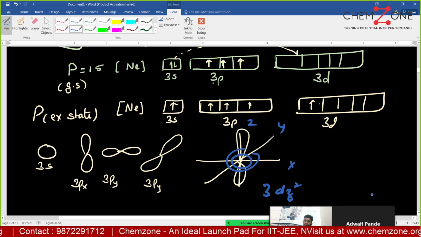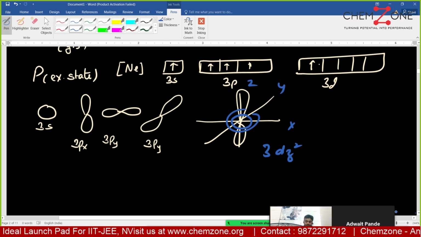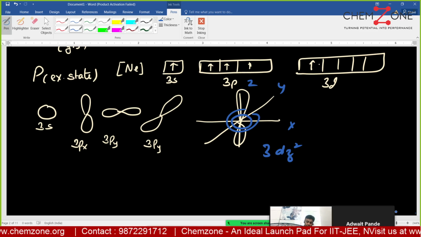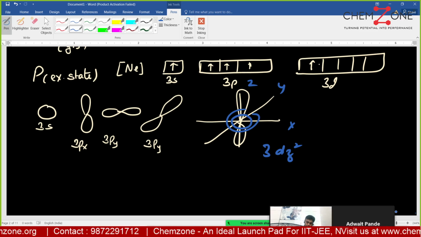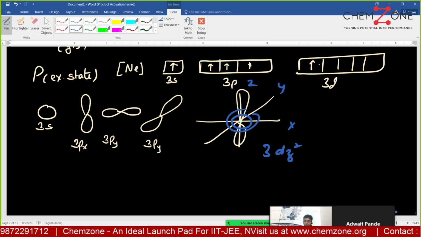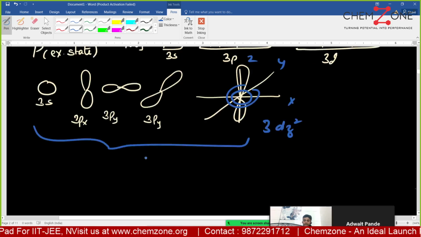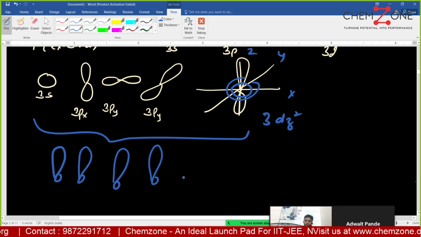So it's a 3d z square. After intermixing, they will have same shape and same energy. 1, 2, 3, 4, and 5.